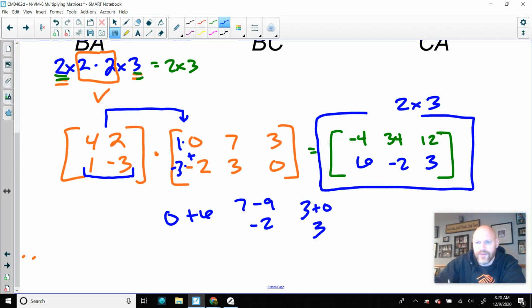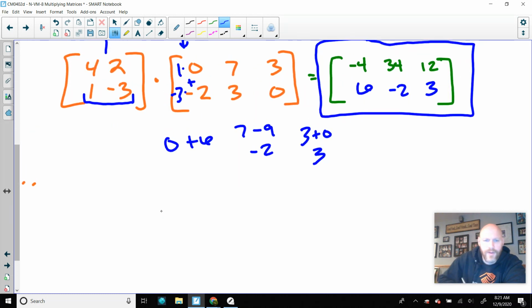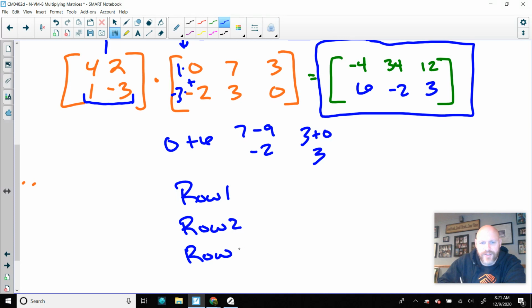So then what students were saying is they said, Mr. Studer, how do I type that into the quick poll? Well, on the quick poll, your answer is going to ask you for row 1, it's going to ask you for row 2, and it's going to ask you for row 3 for that question. All right, so for row 1, we're going to type in a -4, a space, a 34, a space, and a 12.